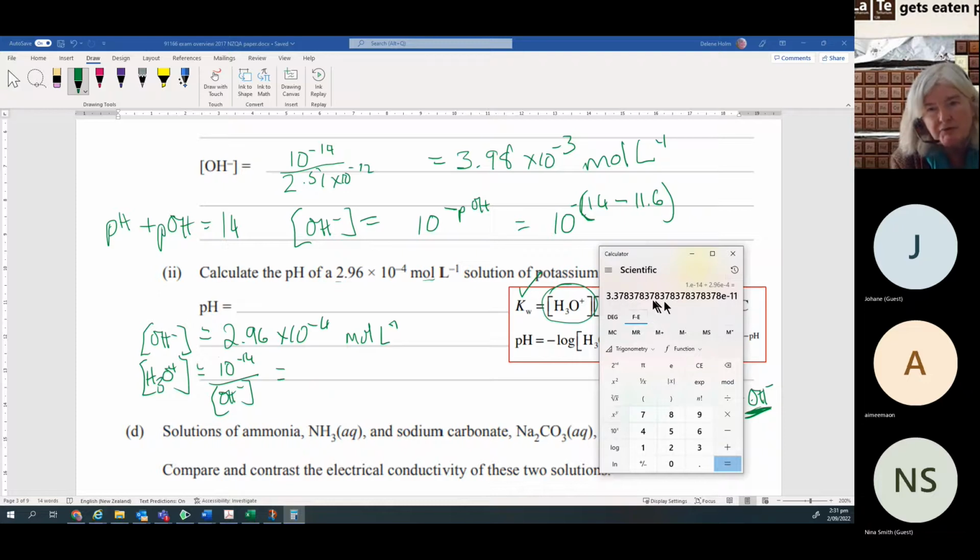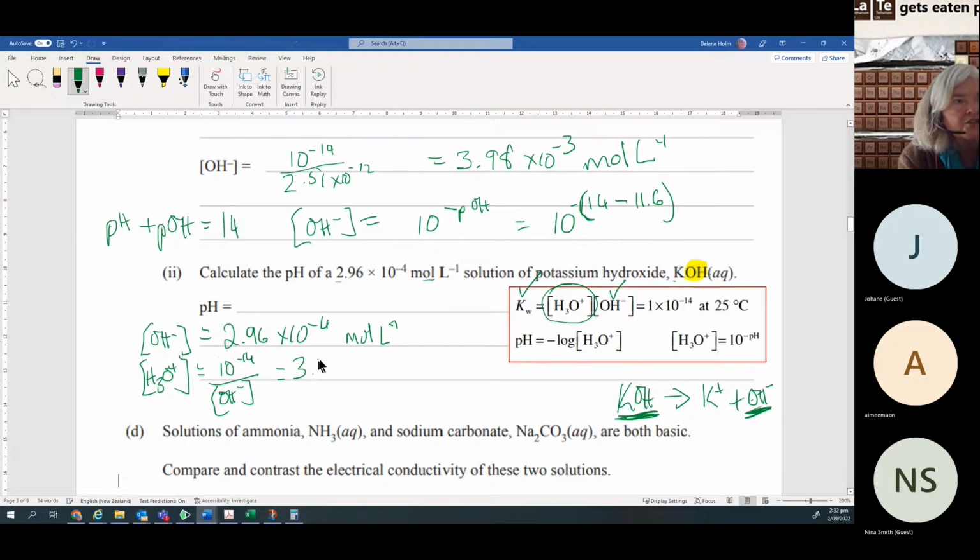So we're going to keep all the figures in the calculator, but we're going to round it off to 3.38. So that's going to be 3.38 times 10 to the negative 11. Now again, you ask yourself, is my answer sensible? And yes, we expect to have very, very little hydronium ions present in a basic solution.